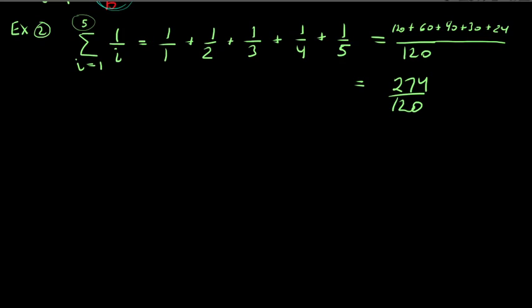So 274 divided by 120 is, oh gosh. So if we divide by 2, we get 60, and then 274 divided by 2 is 137. That's got to be it, right? 137 over 60. Sorry.